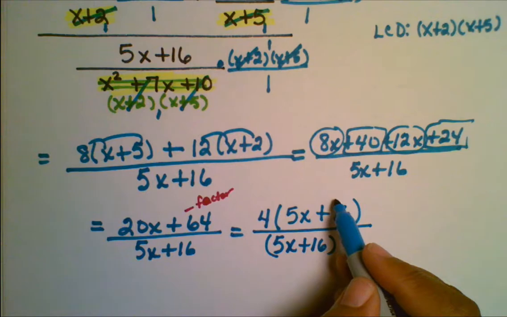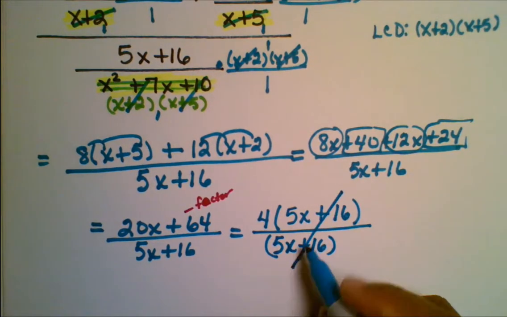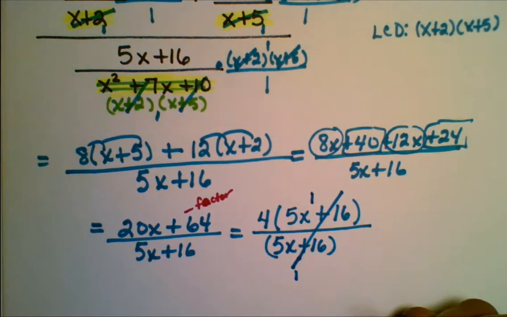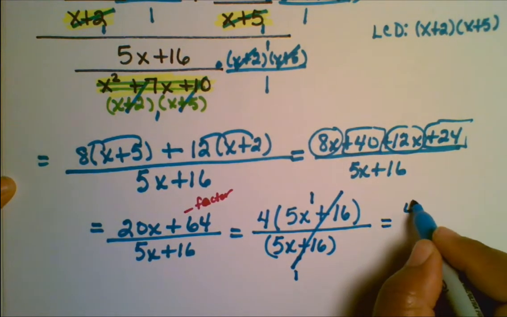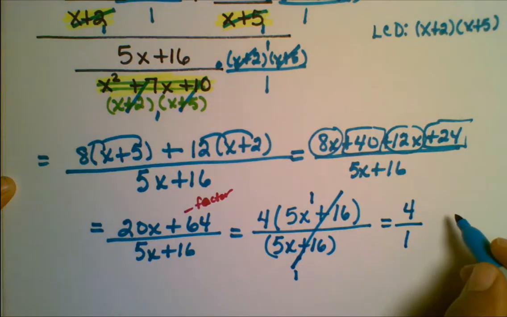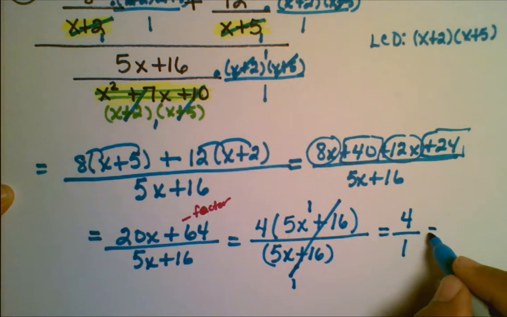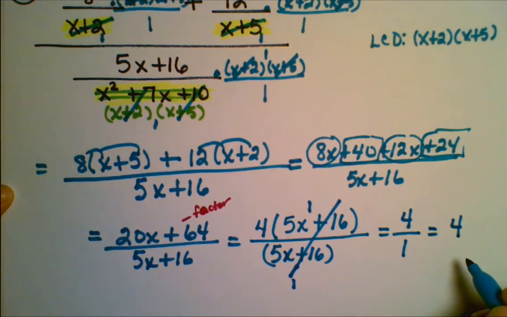We can cancel. Therefore, our solution is 4 over 1, which would give us 4. There you go. That is our answer.